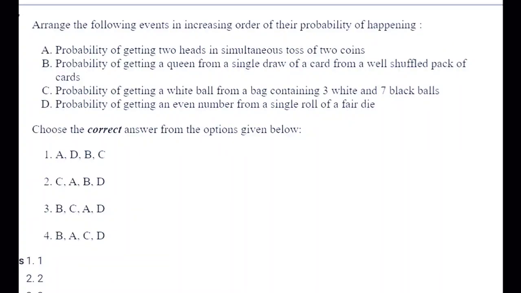Next question is, arrange the following events in increasing order of their probability of happening. Okay, so first is the probability of getting two heads in a simultaneous toss of two coins. Since we have two coins, if we simultaneously toss them, our sample space will be head on both, head on first and tail on second, tail on first and head on second, or tail and tail.